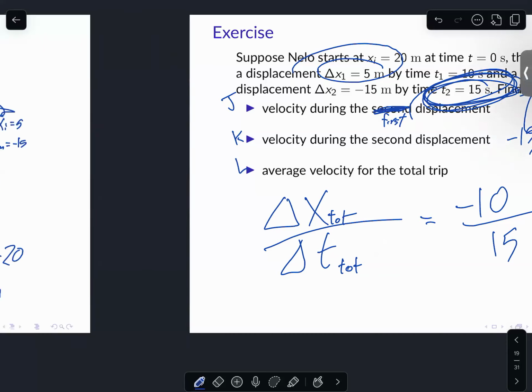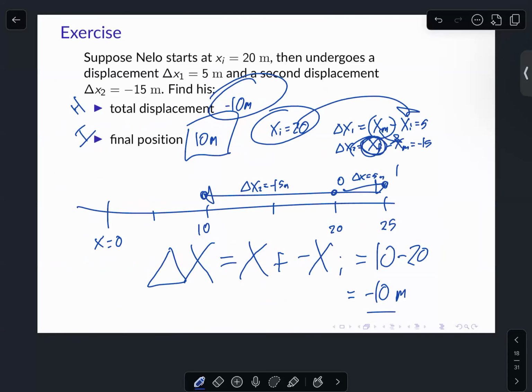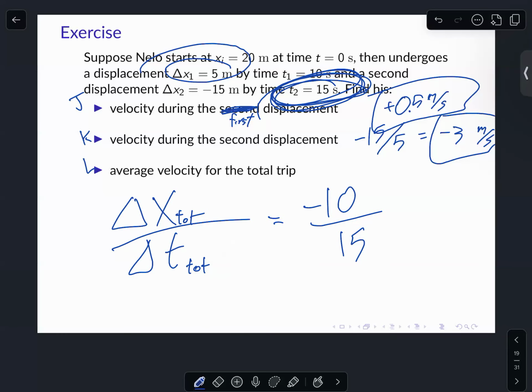I moved 5 meters, then I moved negative 15 meters. My total displacement is negative 10. So it's not just the average of the two velocities. You can't do that unless you know that they happen for equal times. Negative 2/3.